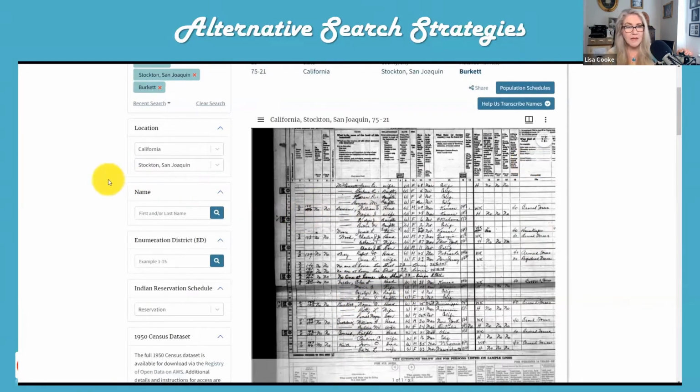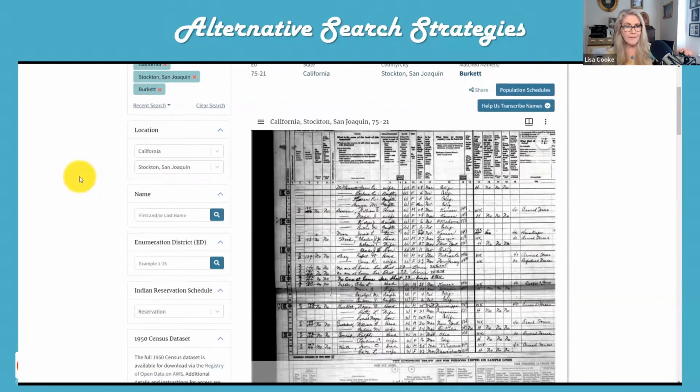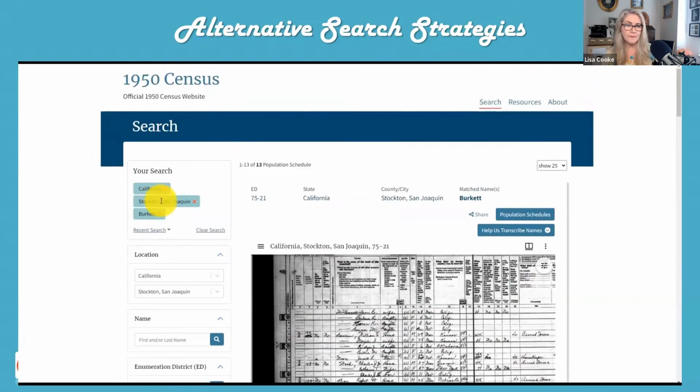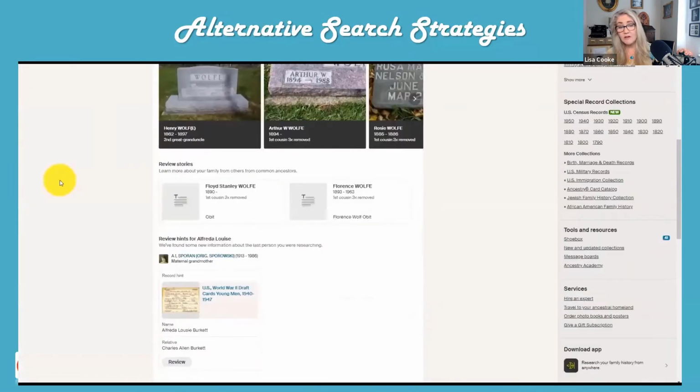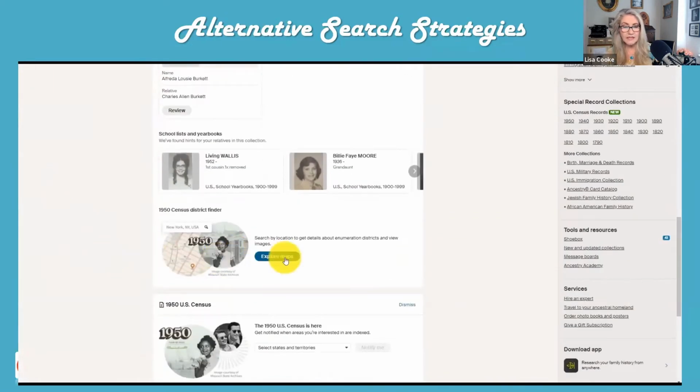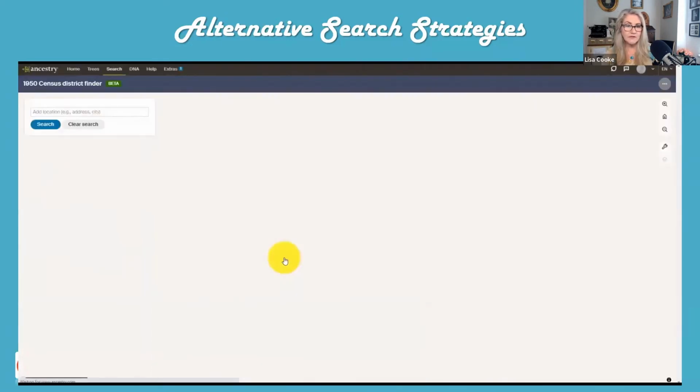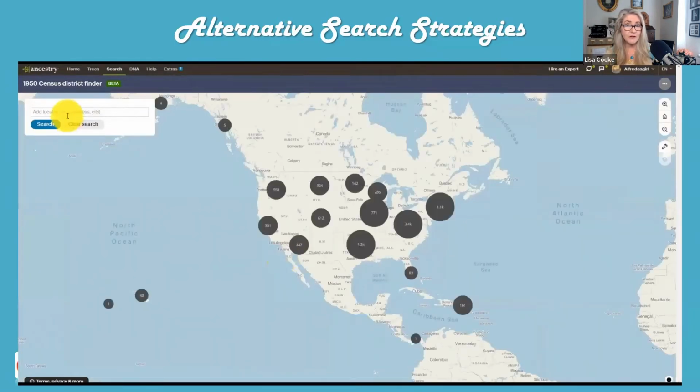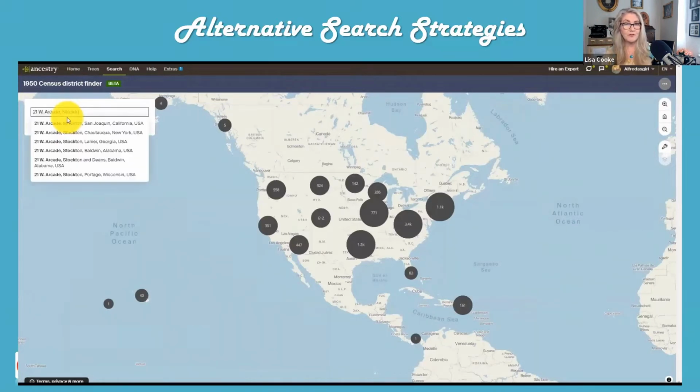So I might come back here and say, well, I know the ED number. I could remove the county. Remember, let's go back and look at that ED number. At Ancestry, if I explore the maps and type in the address, which I did have from my grandparents, remember to pick from the drop-down menu.